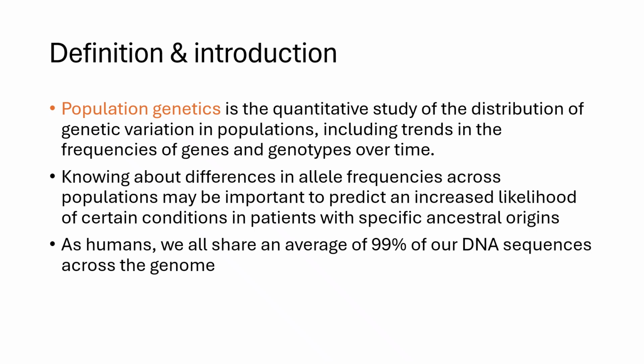So that's one of the reasons it's important to know, okay, if a particular person is of a particular ancestral origin, then there are certain genetic disorders that are more frequent in that particular population. It's also important to know that as humans, we all share an average of 99% of our DNA sequences across the genome. So this kind of variation is only a small proportion.